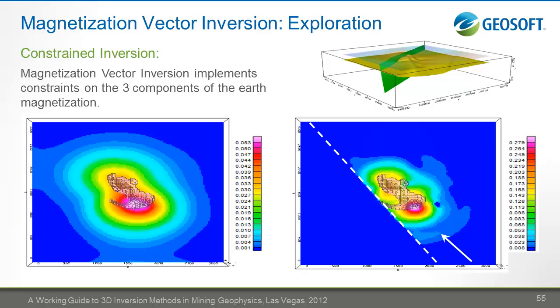And you can see that that's easily achieved with magnetization vector inversion, just the same way that it would be with susceptibility inversion. So the point here is that extending the flexibility of the inversion to allow recovery of the direction and amplitude of the magnetization vector does not prevent us in any way from using any of the methods with which we're familiar in susceptibility inversion.